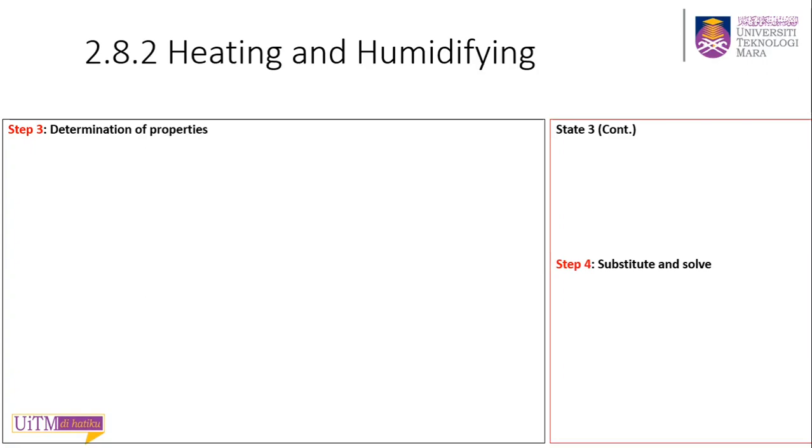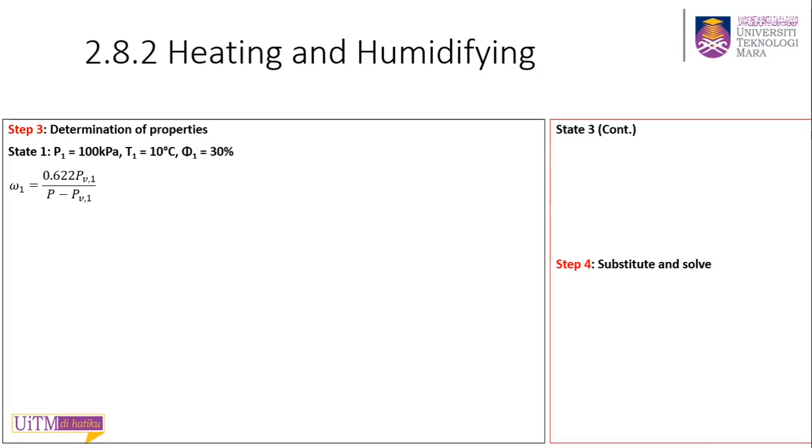Next, for step 3, we must determine the required properties at state 1 and state 2. For state 1, to solve for specific enthalpy, we first have to calculate the specific humidity.